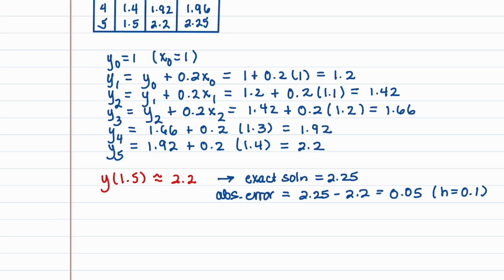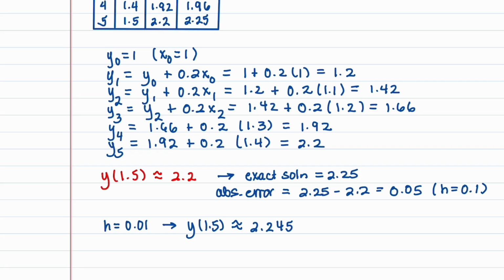If we would have used a smaller step size, say h is equal to 0.01, we would have found that y at 1.5 is approximately 2.245. You have to do lots and lots of computations to get to this answer.